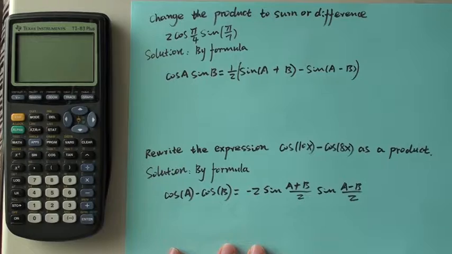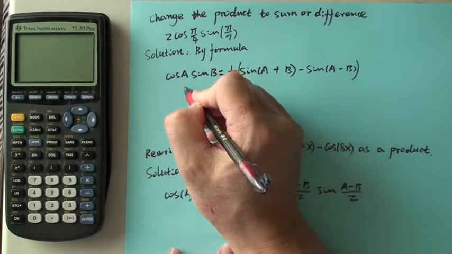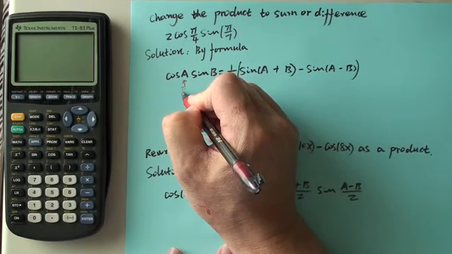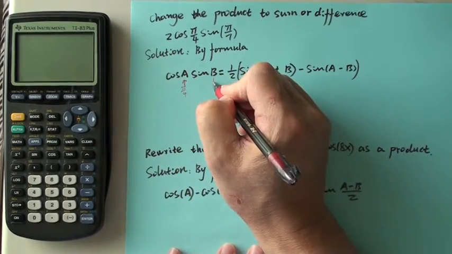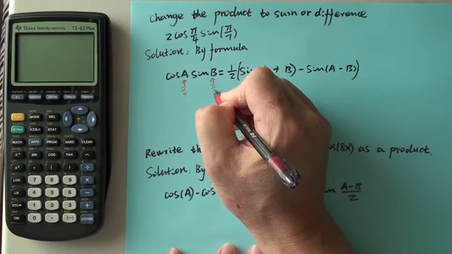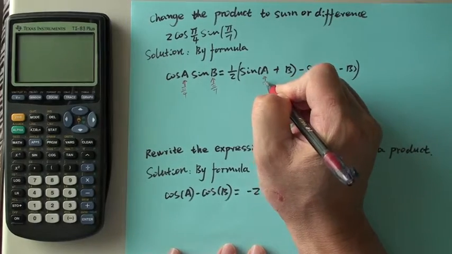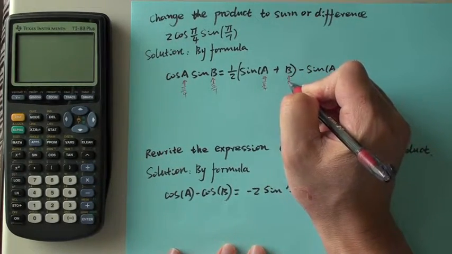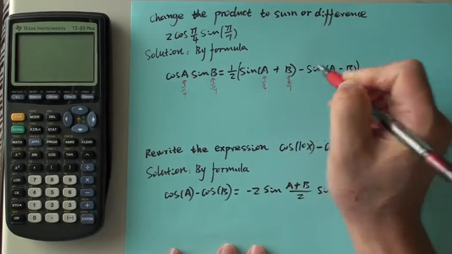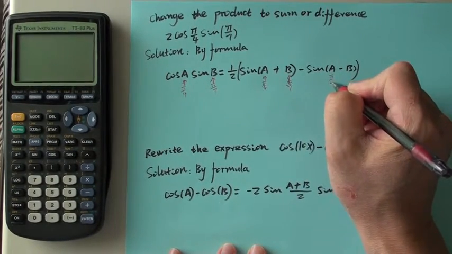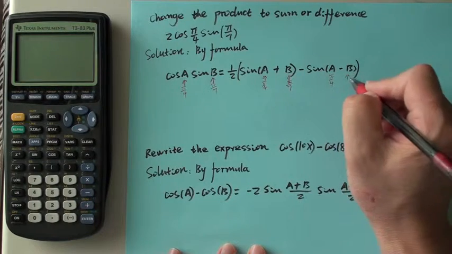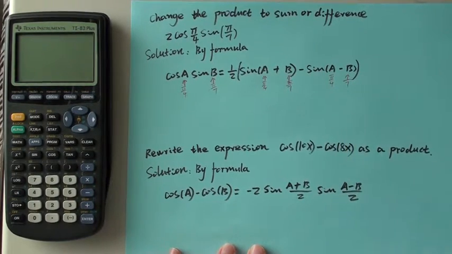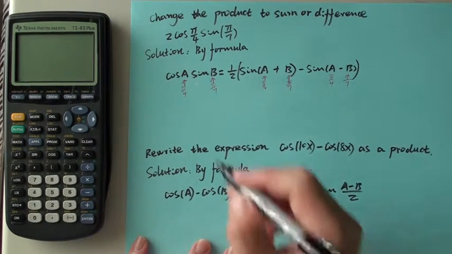So here A is pi over 4, and B is pi over 7. We apply the formula, and we'll get the answer almost like that. So let's work on that.